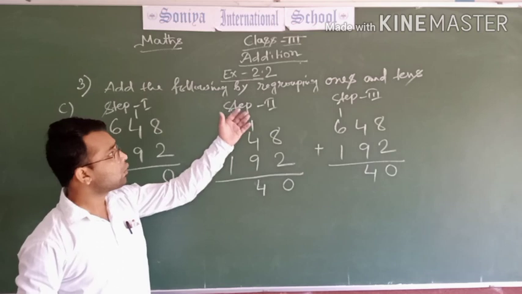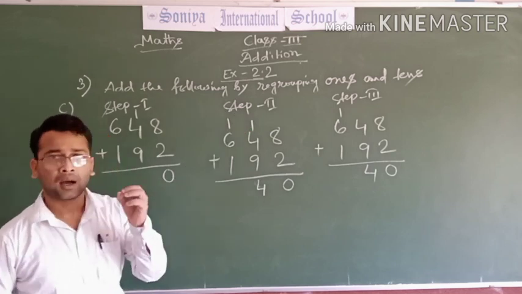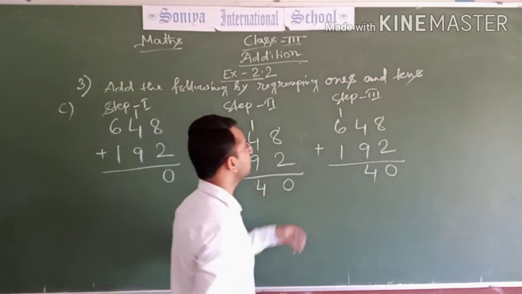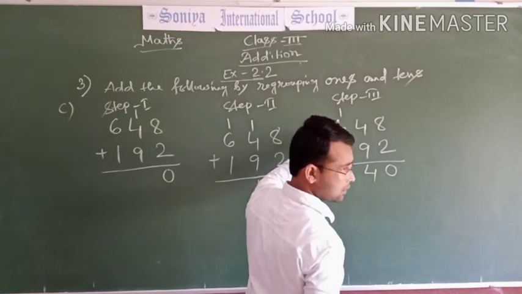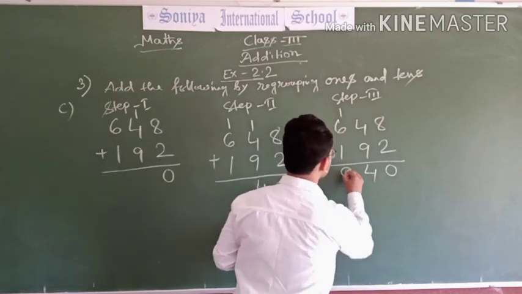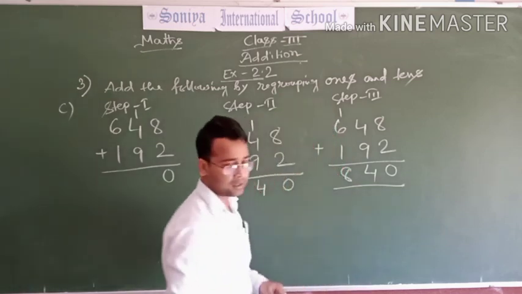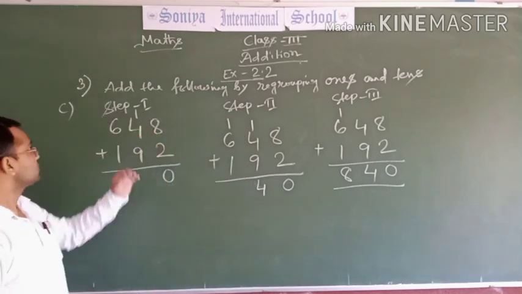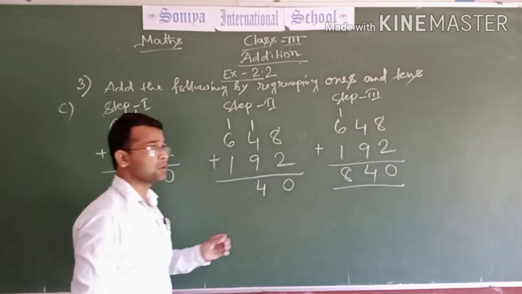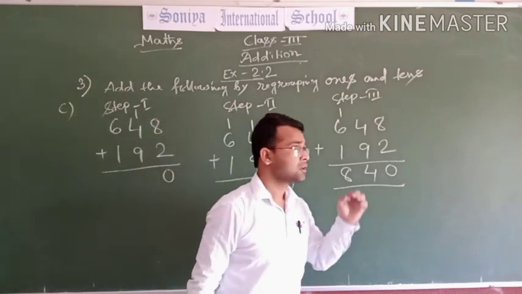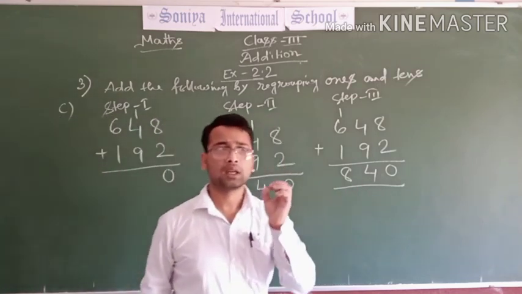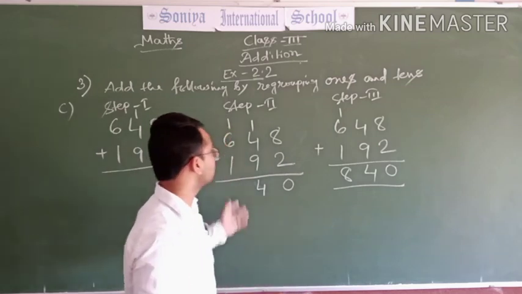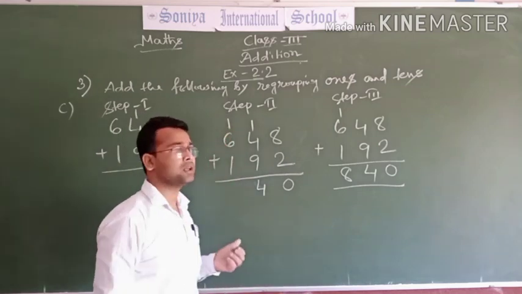Add all the hundreds place numbers. So add 1 and 6, 7, 7 and 1, 8. So the answer is 840. Understood? Yes, I hope you understood, and do your exercise in this way at your house.